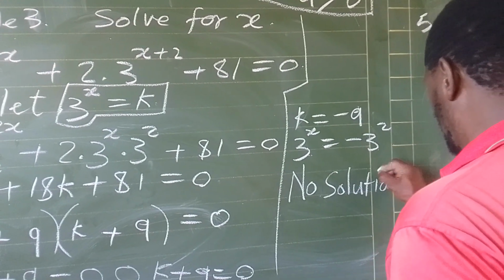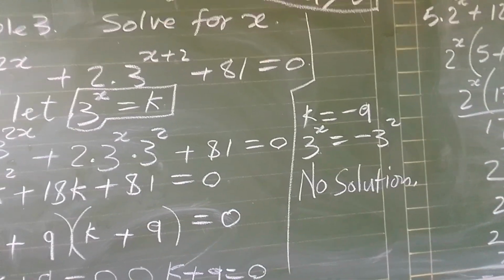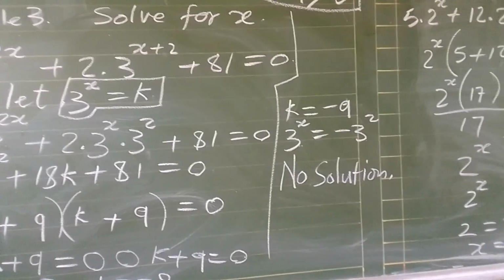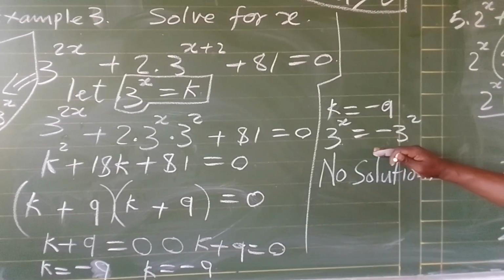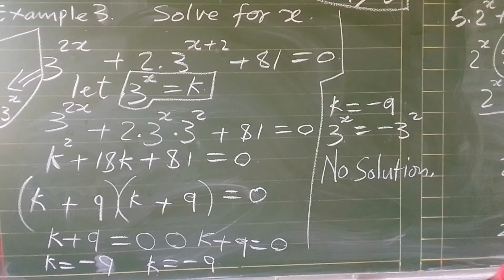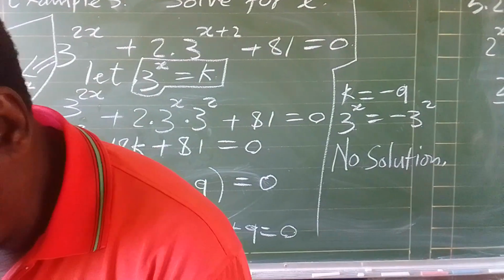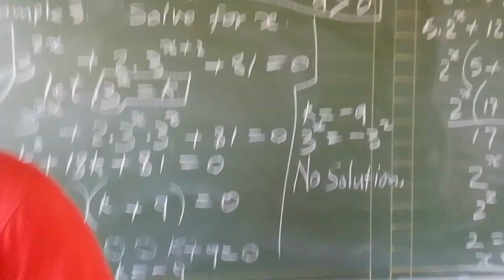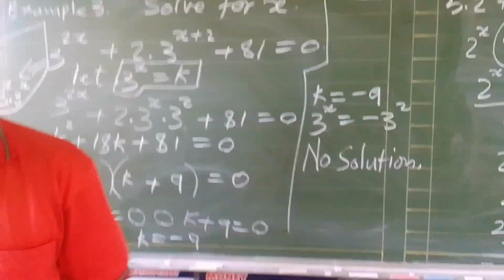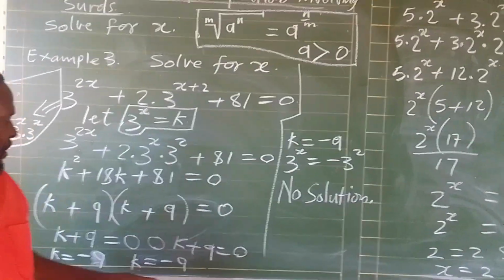It ends there. If this was positive, you will see it in the next example that is coming, that is going to help us to understand what the K method means. Right? Here, there is no solution.